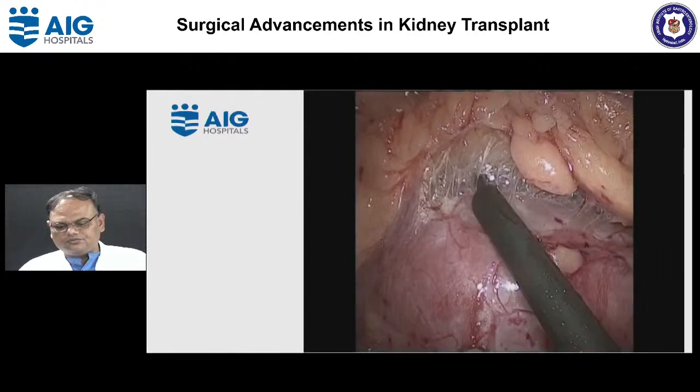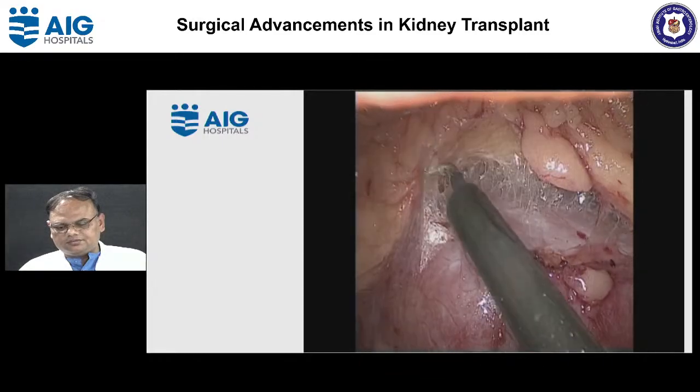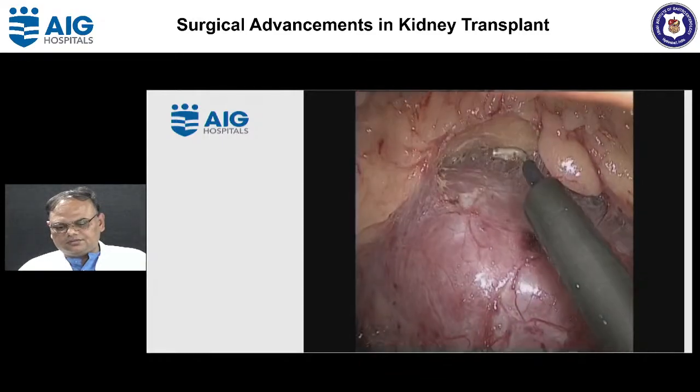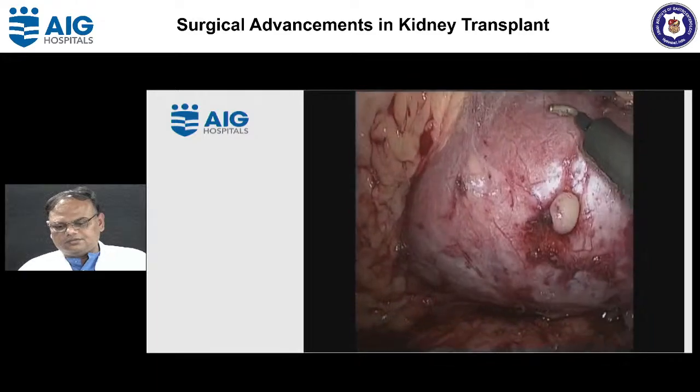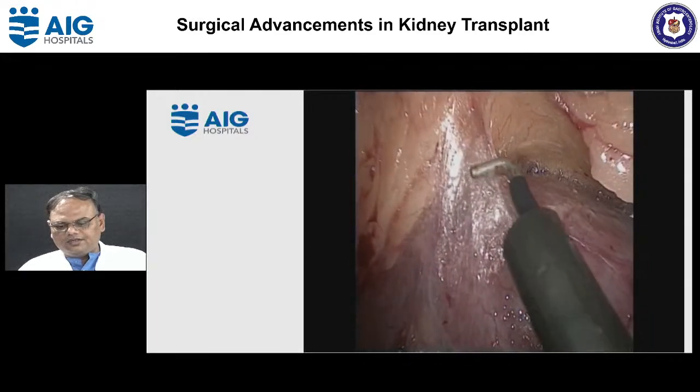This dissection continues from the cranial to the caudal end, and the kidney is freed anteriorly and medially.